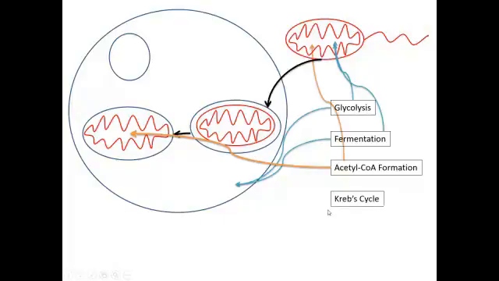Now onto the Krebs cycle. This also takes place in the cytoplasm of the prokaryote, and it takes place in the matrix, or the cytoplasm, of the mitochondria. Once again, this ancestral prokaryotic cell brought the enzymes necessary for this metabolic pathway into the eukaryotic cell.